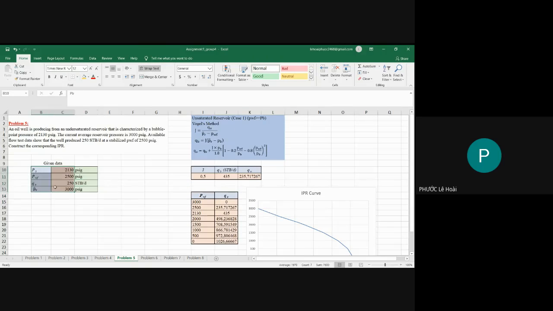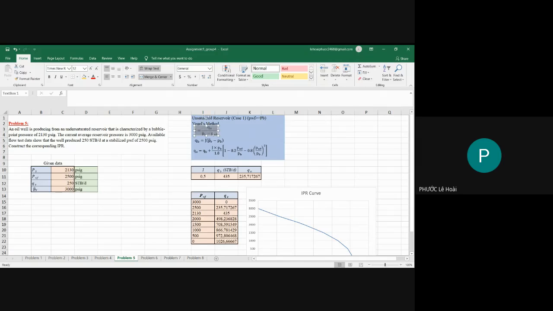So we use the given data from the table here and apply the Vogel method. In this case the bottom hole flowing pressure is larger than or equal to the PB, so we will use the Vogel method.